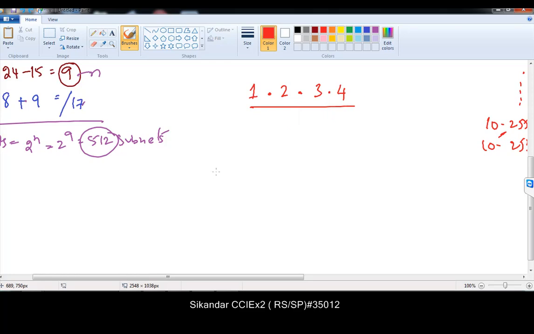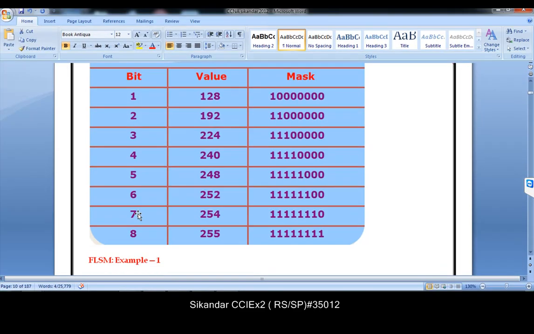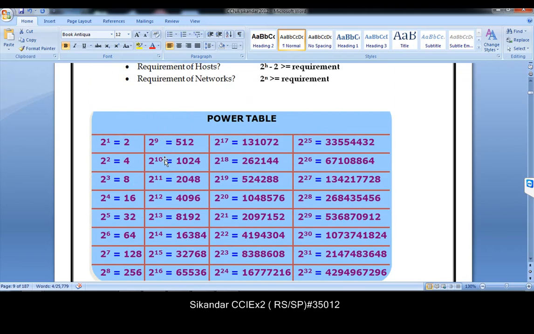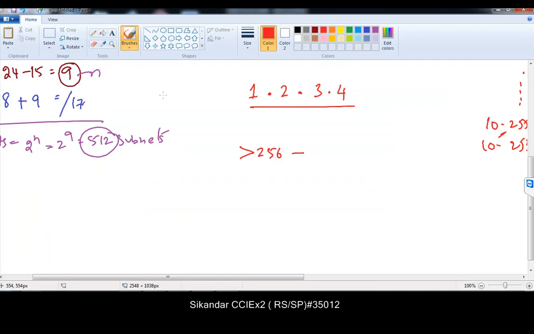Whenever we write the range for any number less than 256, the size can be 128, 64, 32, 16, whatever size, if we refer to our table. Whenever the requirement is less than 256, we always write the range as multiples in the 4th portion. If the size is 128, the first network will be 0.0 and the next 0.128.